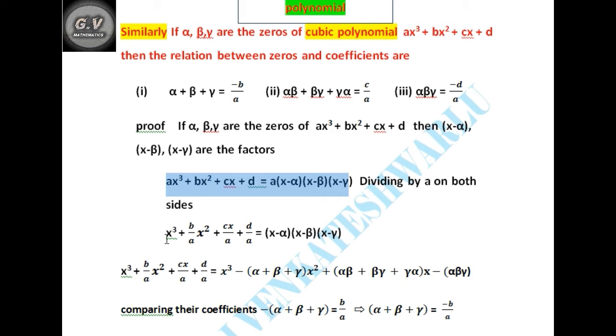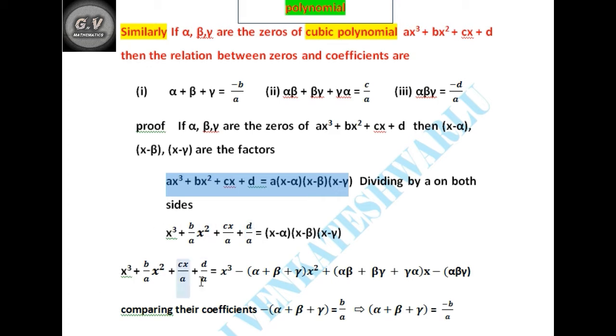Next, b by a, c by a, d by a remain, and on the right side a gets cancelled, the remaining value is x minus alpha into x minus beta into x minus gamma. So x cube plus b by a x square plus c by a x plus d by a is equal to x minus alpha into x minus beta into x minus gamma.